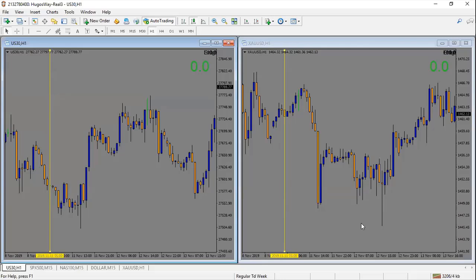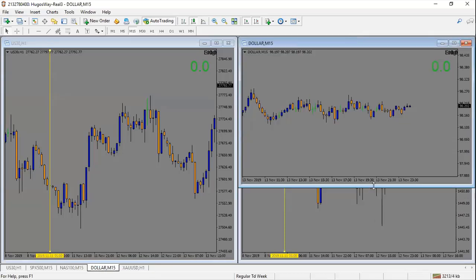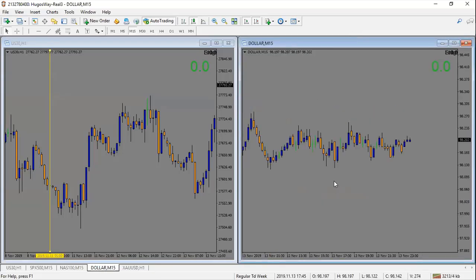If gold is buying, then we can look for US30 to sell. And vice versa. If you trade gold and US30 is buying, then you can look for gold to sell. Right? Now, it might not happen instantly, but it will happen. Same thing with the dollar index. You guys know I use the dollar index every Sunday, right?